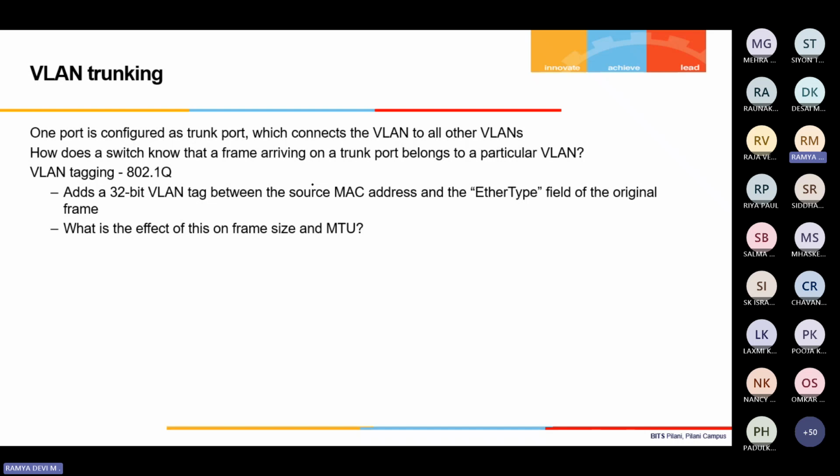The VLAN tag information is 4 bytes, which is 32 bits in length. In order to identify, we'll be adding information alongside the MAC address and Ethernet fields. The tag carries the VLAN ID, right?